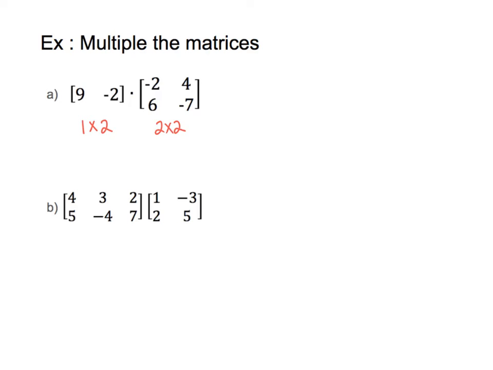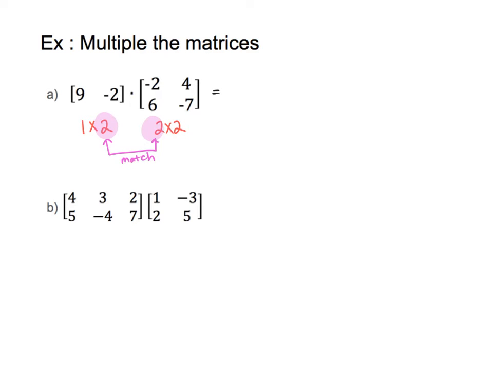What I need to do to make sure I can multiply is look at the inner dimensions. This is what is referred to as the inner. And check it out, they are the same number. They match. So because they match, that means that I can actually multiply.